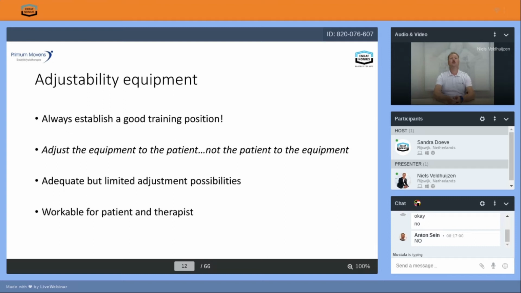You do not want too many adjustment possibilities, because otherwise you will lose too much time in finding the right position. The adjustability of the equipment should also be workable for patient and therapist. Like I said before, if you have too many adjustment possibilities, the patients will never be able to adjust the machines themselves when they work with them on their own.